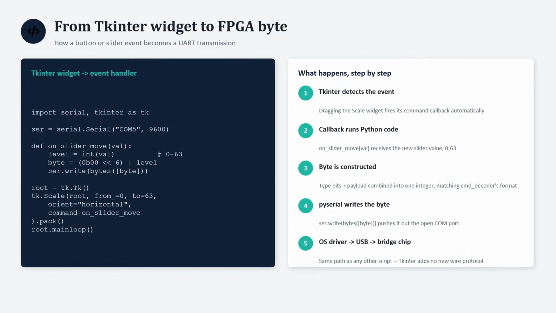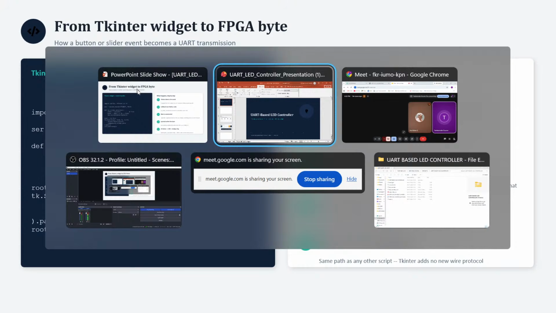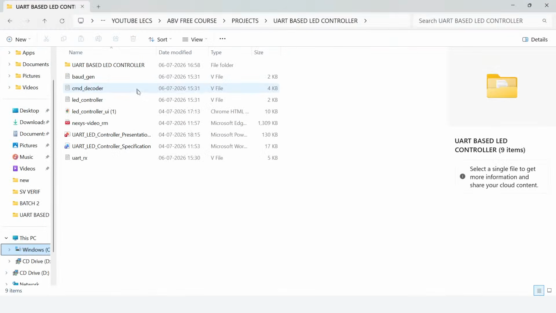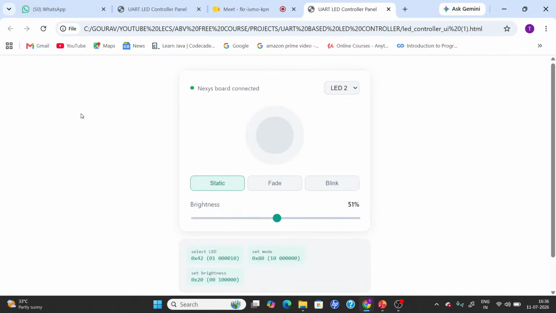This is how a particular Tkinter script looks. Let me show you one more time so that it will be more clear. Yeah, this is what I was talking about in the previous session also. Here the user selects LED 1 or LED 0, and selects fade or blink.